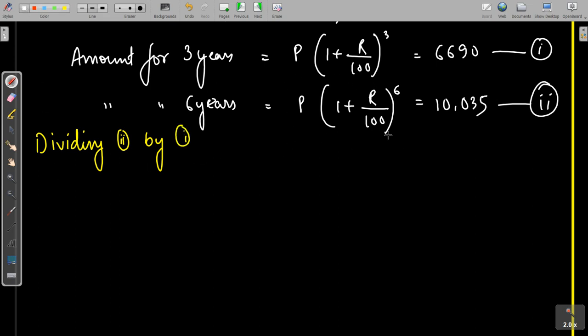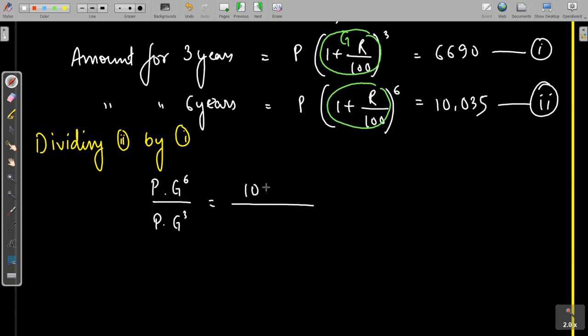We would see that this whole thing in the green circle is similar in both of them, right? So for now let's assume this is z. So can I say that here I have P z power 6 divided by P z power 3 is equal to 10035 divided by 6690?